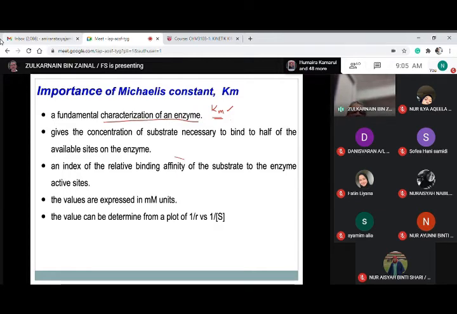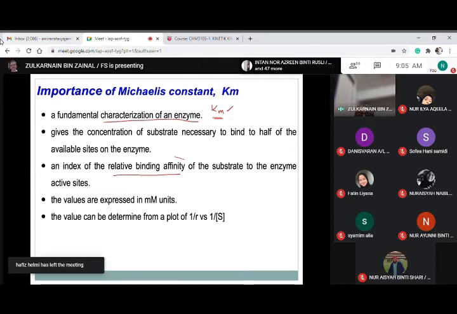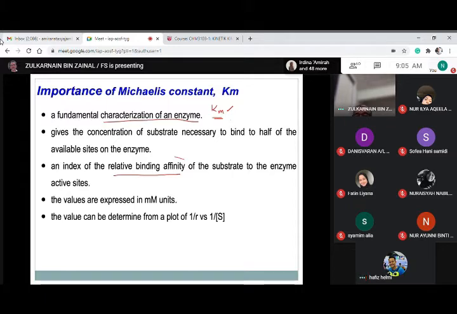So it is an index of relative binding affinity, another one. It shows how strong the combination is between the substrate and the enzyme in this enzymatic reaction.